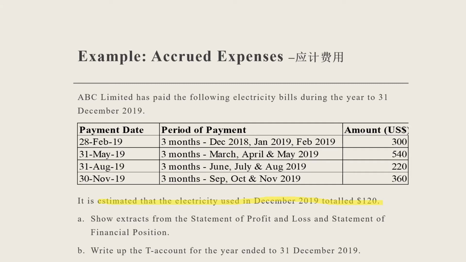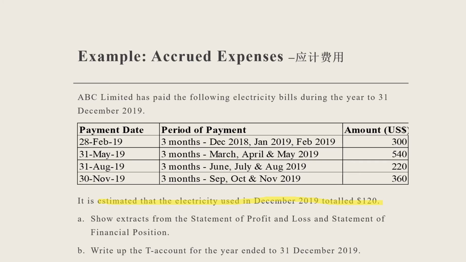ABC Limited's financial year is 1st January to 31st December. Before answering questions A and B, we should know, first, when is the electricity expense incurred? Second, when is the payment date?